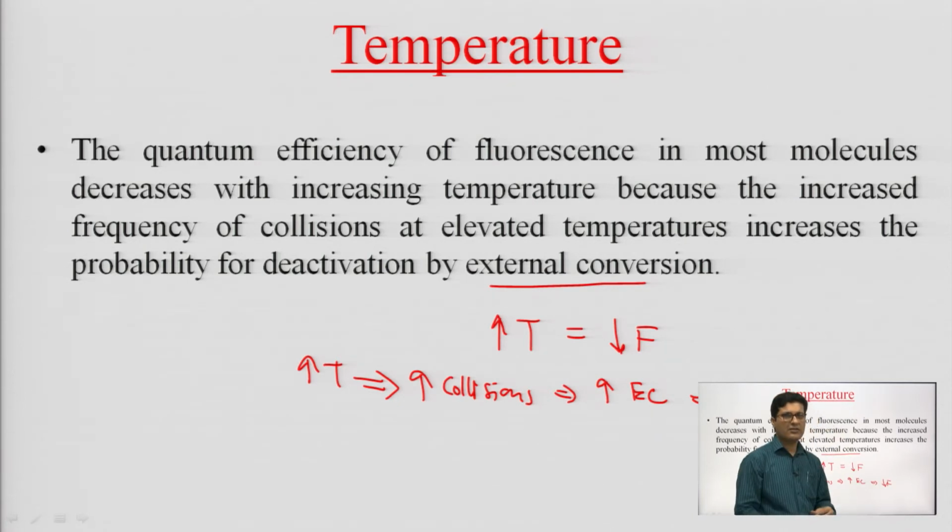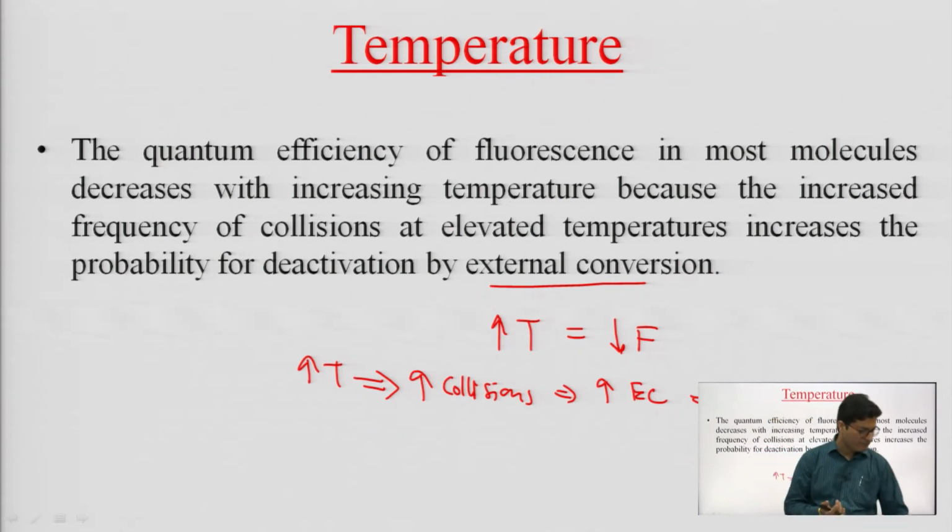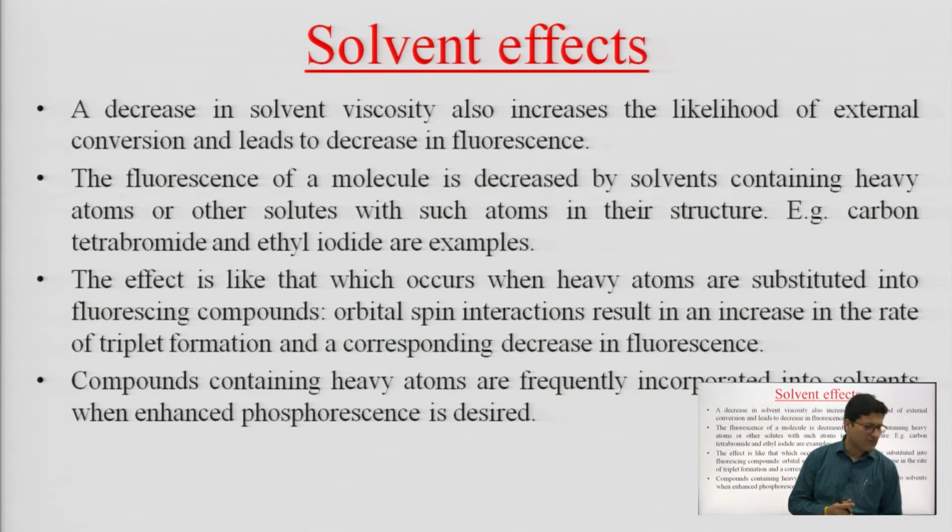So, this is the relation of temperature and the fluorescence. Whenever we need to observe the fluorescence, we need to have a better fluorescence, so we generally carry out the study at colder temperatures, in cold conditions.